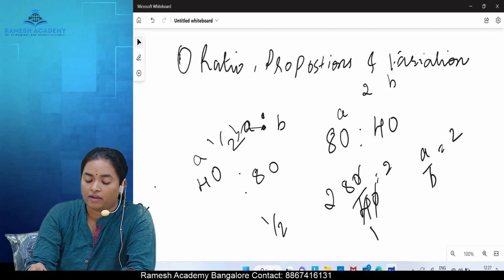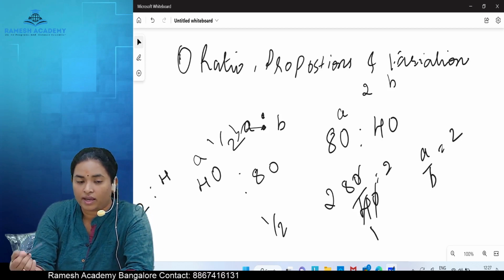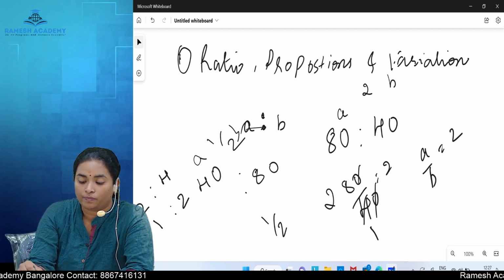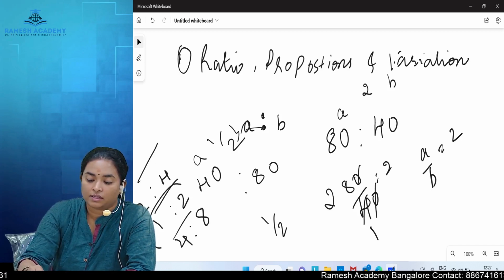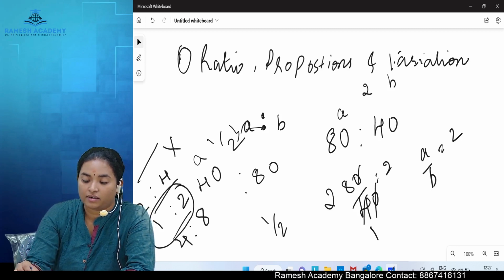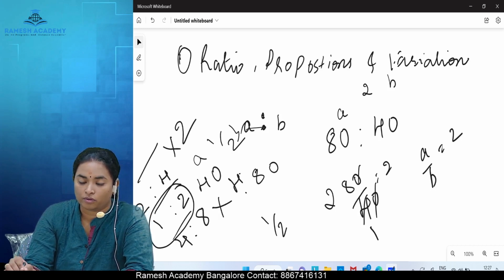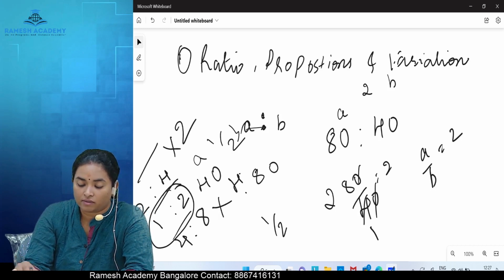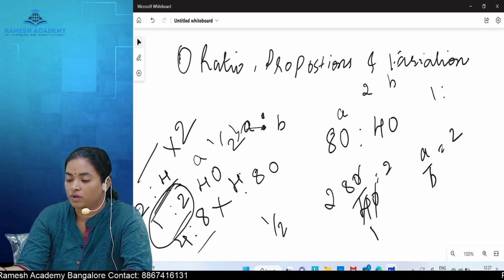Now I have 2:4. With the same property, I can multiply or divide to get 1:2, and then the other one is 4:8. This is the basic one, 1:2, multiplied by 2 and this is multiplied by 4. Finally, whatever ratio you have, at the end you will get 1:2.